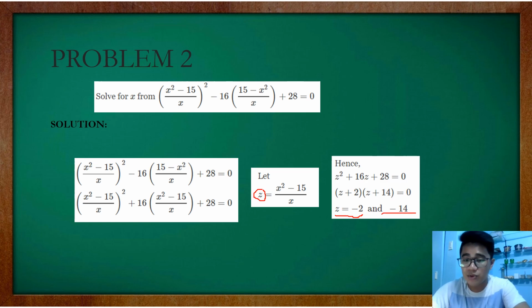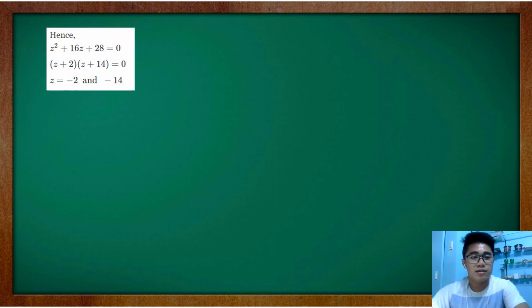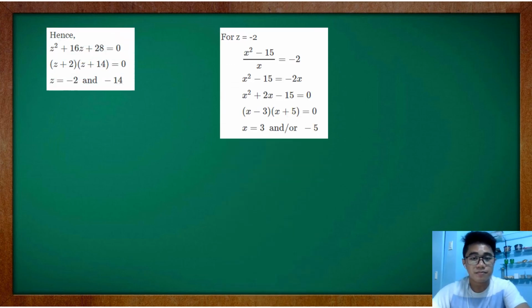But again, we don't know the real value if ito ba talaga yung value ng x natin. So, from here, what we are going to do is, from this one, i-check natin yung negative 2. Once na nag-check tayo, we will just substitute it to the original equation.